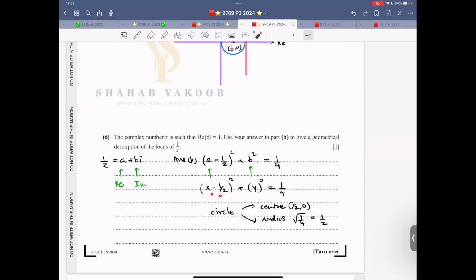So x minus half whole square, because instead of a I'm writing x, instead of b I'm writing y. That's it. And this is for 1 over z. So when this is happening, what are we getting? We are getting a circle with center (1, 0), and the radius is half. That is the geometrical description for 1 mark.